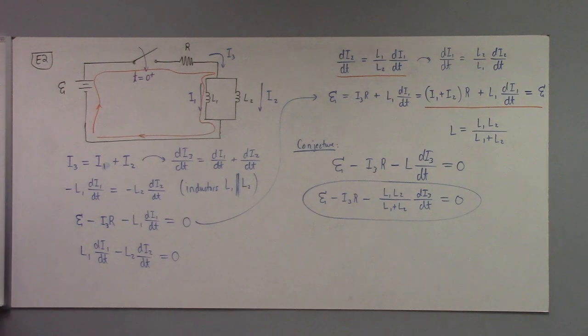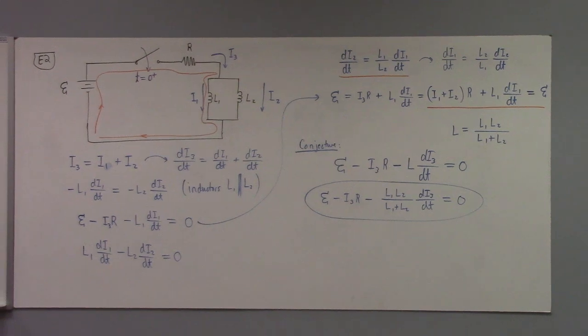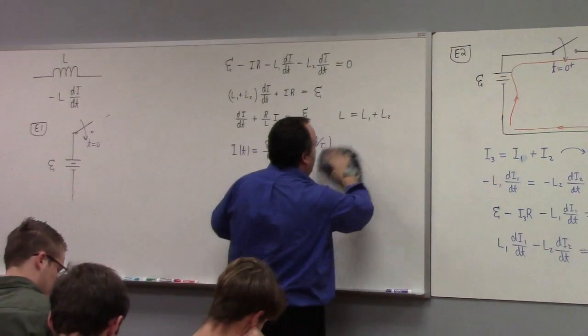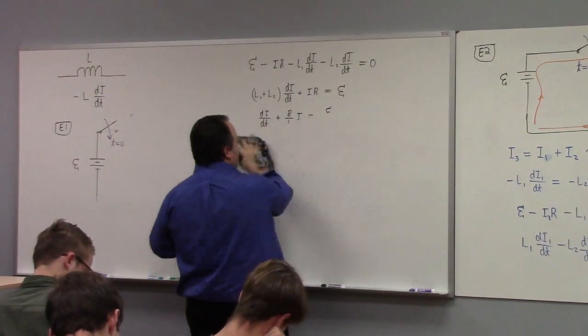If we could achieve that, then we'd be home free, because then we go back to the same algebra and calculus we already did on the previous example today and the previous example last class. Or maybe I'm wrong. Maybe this isn't how parallel inductors work. Maybe that's why it's not in a textbook. Let's find out. I'm not going to find out right now though, because I've spent enough time and it didn't happen, so move on.